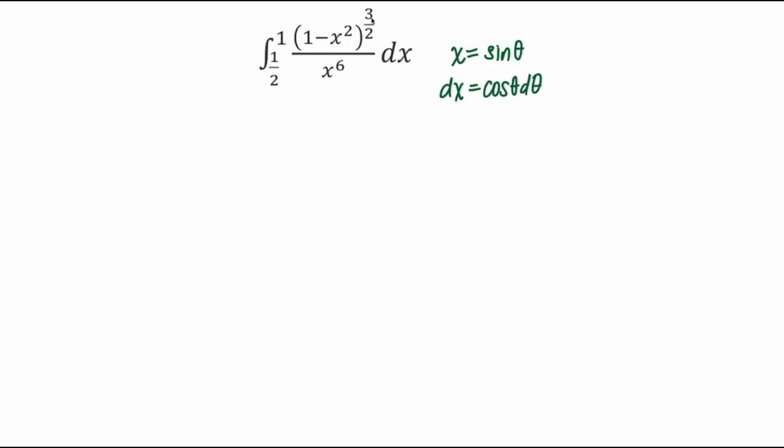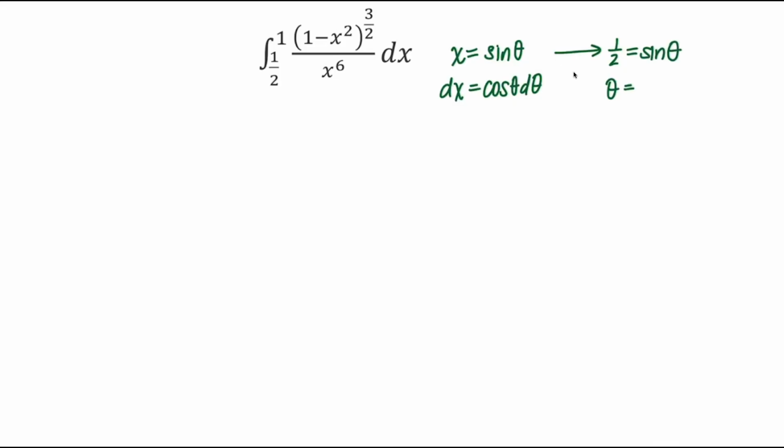But because we have a definite integral, these are x values, and we're going to want to change them to theta values. So here, if x is 1/2, I'm going to go ahead and try to solve for theta within my domain restriction. So I have 1/2 would be equal to sine theta.